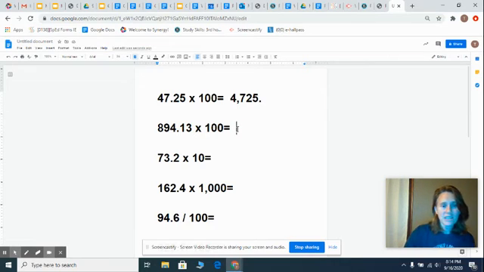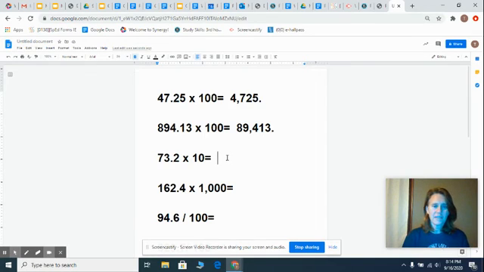That will give us 894, plus we add our 3. And our decimal place will be out here. So the number we end up with is 89,413.